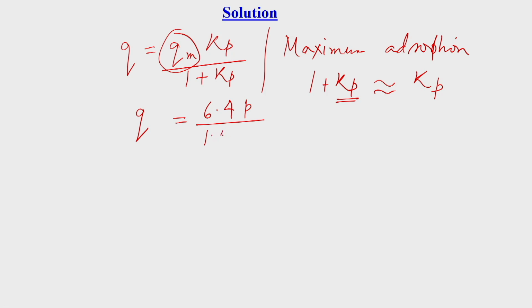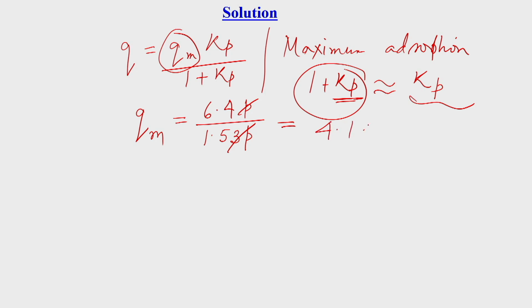The denominator will be converting into K p, because K p is much higher than 1, that is why Q will be equal to Qm. So in that case, it will be equal to 6.4 by 1.53, which comes out as 4.183 millimole per gram.